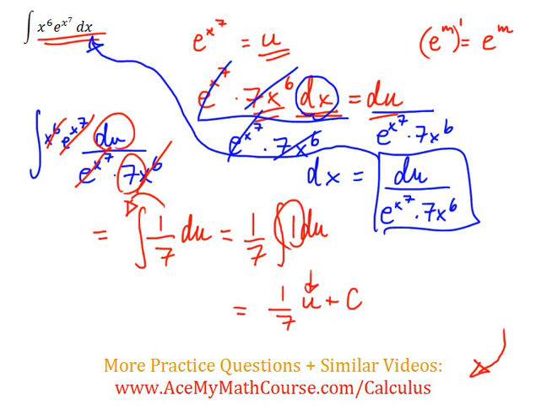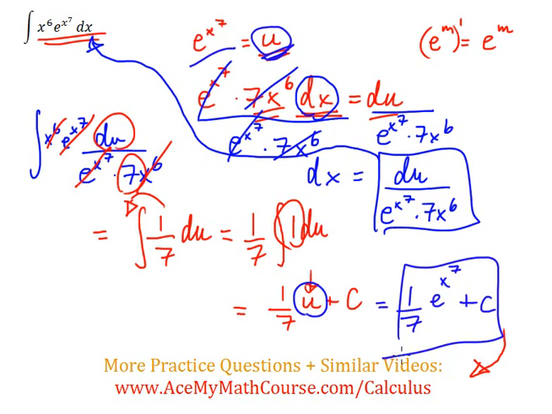Fantastic. Now I can just take the u and replace it with e to the power of x to the 7, because that's actually what we had for u. So the final answer would be 1 over 7 times e to the power of x to the 7 plus c. And that's it.